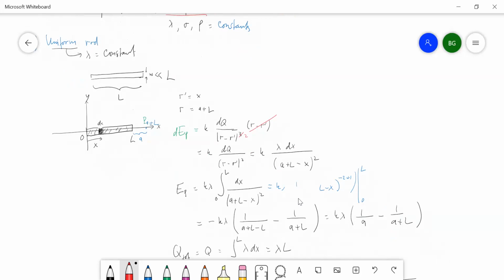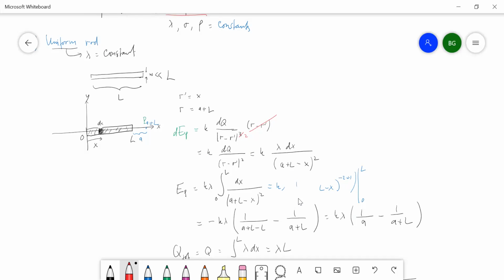For example, we want to consider the electric field at distance A, the distance between the right tip of the rod and a point P. The length of the rod is L. The left tip of the rod is at the origin.